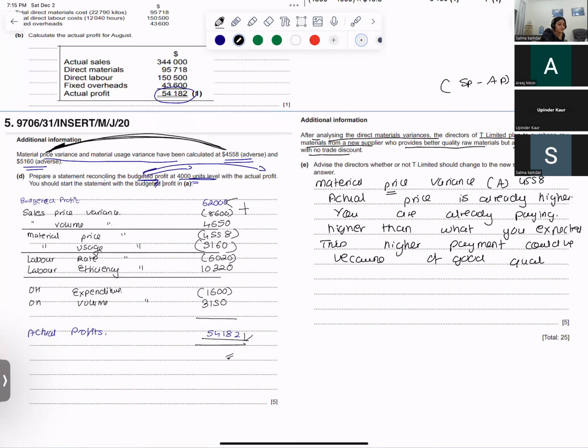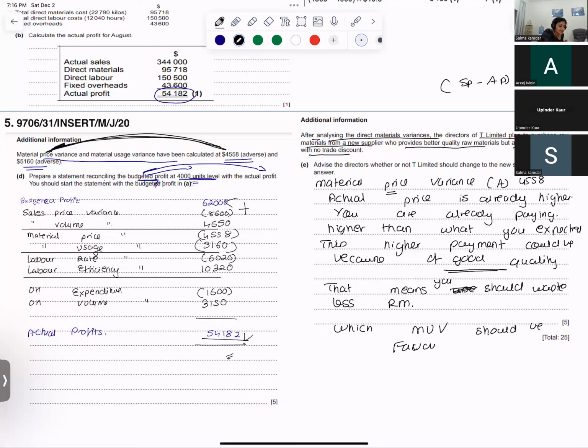If I am paying for good quality, that means I should use less material, less quantity of raw materials, or waste less raw materials, which means your material usage variance should be favorable, right?